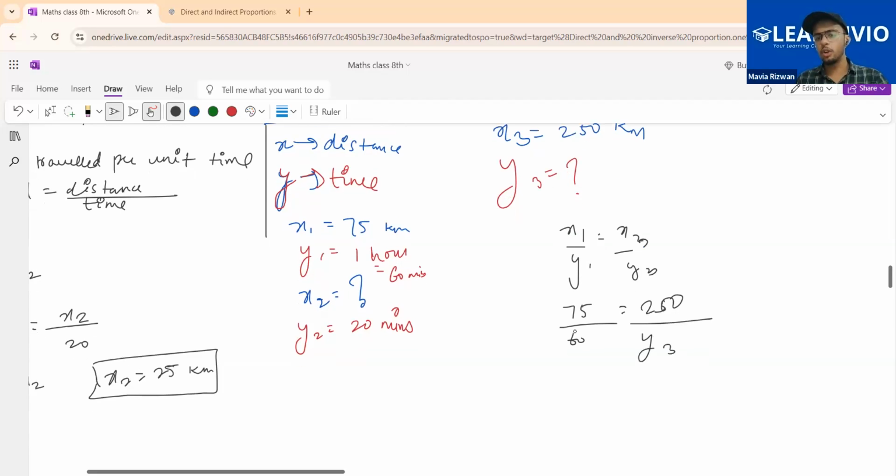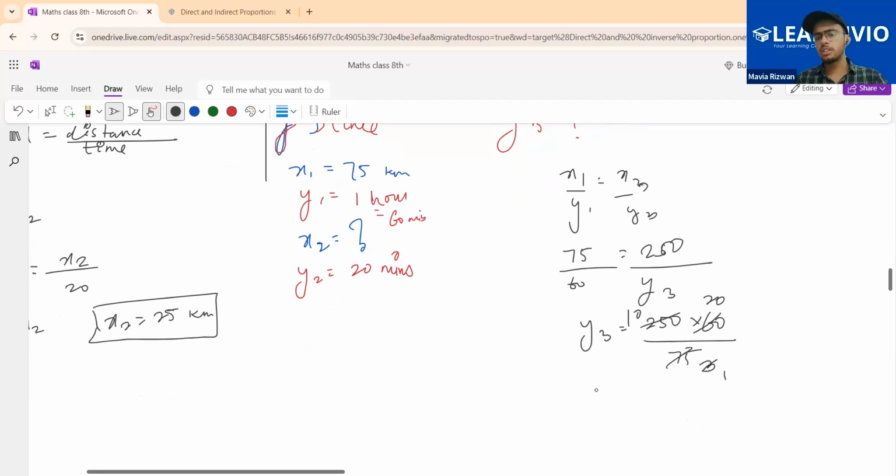So y3 will take on the other hand side. So y3 is equal to 250. Now this is division, so it will go into multiplication, 60 upon 75. Okay, so now 25 threes are 75, so the time is coming as 200 minutes.